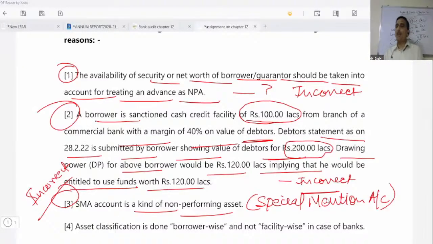So special mention accounts are standard assets showing some stress signals, but they have not turned into non-performing assets as per RBI guidelines.